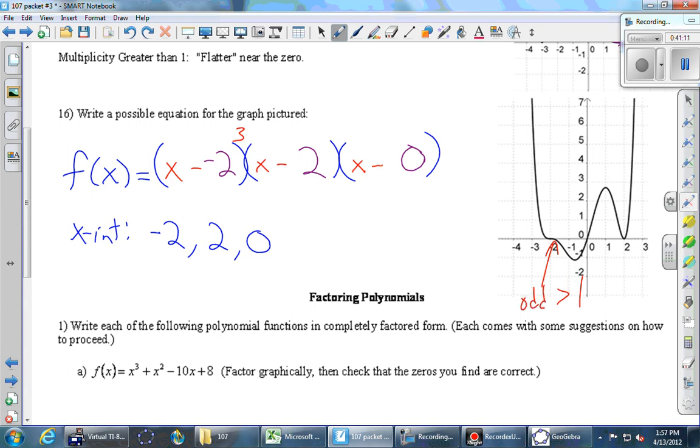X minus 2 goes hand in hand with which x-intercept? +2. At +2, what kind of power? It's going to be something even because it turns around, right? You can put a 2, you can put a 4, you can put a 78, any even number up there.